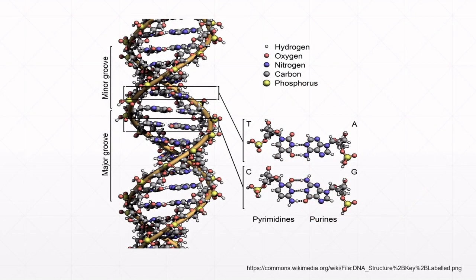Before going into the details of the replication, let us see some of the basics of DNA. Watson and Crick proposed the double helical structure of the DNA in 1953, for which they got the Nobel Prize. DNA, deoxyribonucleic acid, is a double-stranded molecule which looks like a twisted ladder.